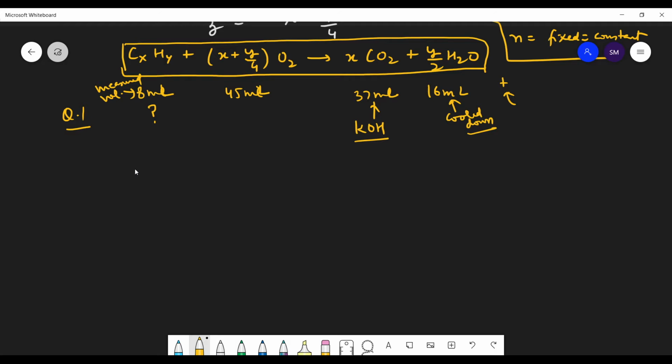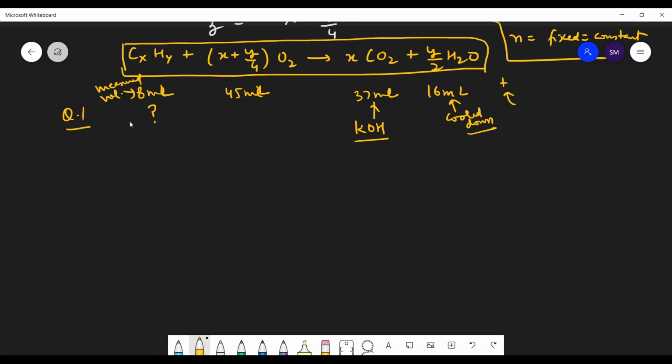So how much is the volume of carbon dioxide produced for the 8 ml of hydrocarbon?